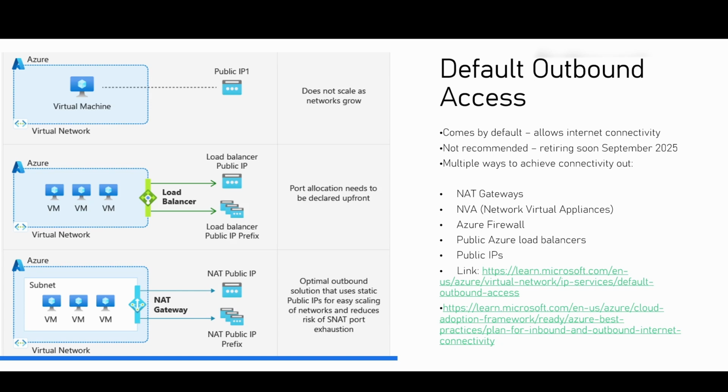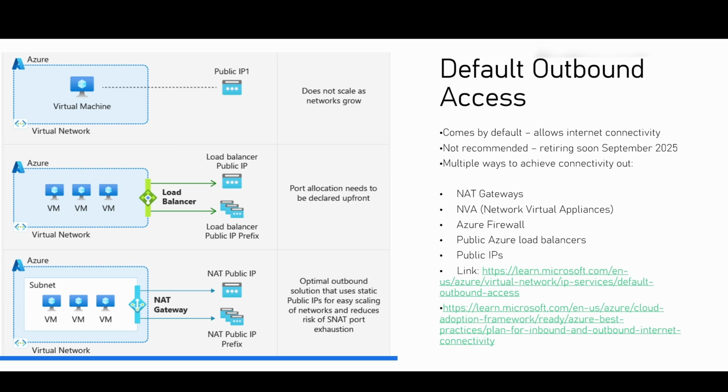When we deploy virtual machines nowadays on Azure, they have default outbound access, which means we don't have to assign an explicit way for VMs to go to the internet. They can go to the internet by default. What happens behind the scenes is that virtual machines get assigned a pseudo public IP that's only used for outbound connectivity, and then they can navigate the internet.